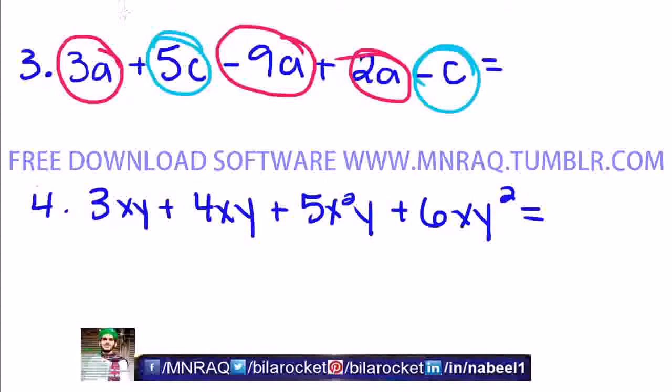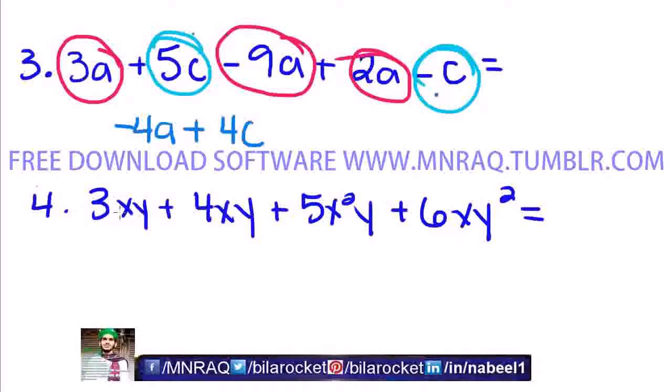So now we're going to add these together. 3a minus 9a gives me negative 6a plus 2a gives me negative 4a plus 5c minus c gives me 4c.